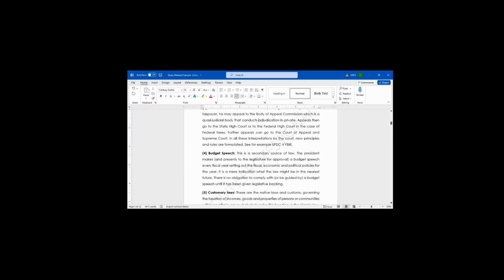But when a budget speech is made by the president regarding a tax issue, such speech is not legally binding unless it has legislative backing. But in the military era, when there is no legislation, budget speech becomes a law. I remember in 1993, VAT was introduced as a result of the budget speech of the then head of state.